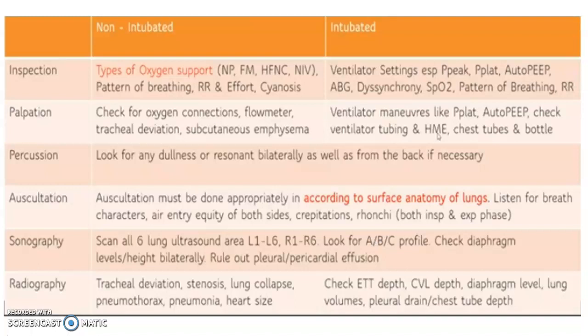So, also here, this is the diagram. This table shows the approach for intubated and non-intubated patients in the ICU. So we look for secretions, and in non-intubated patients the type of oxygen: nasal prong, face mask, high flow nasal cannula, or non-invasive CPAP. But also see the pattern of breathing, the respiratory rate, effort, and whether there is cyanosis.